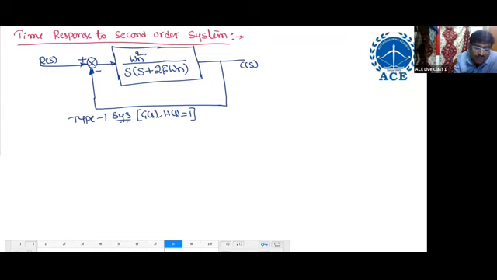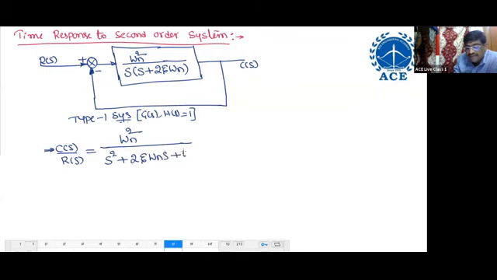So now find the closed loop transfer function, C of S by R of S. Then you can write the order. What is C of S by R of S? Omega n square by S square plus 2 zeta omega n S plus omega n square.